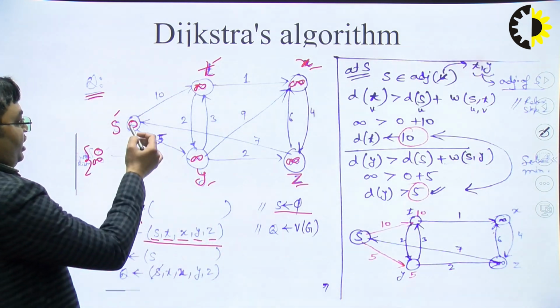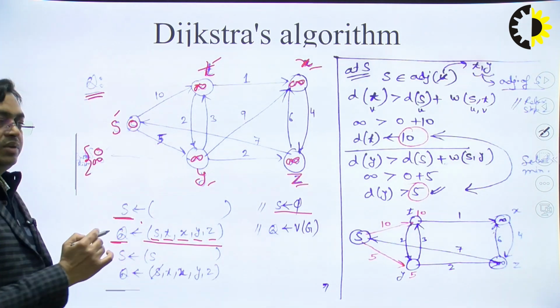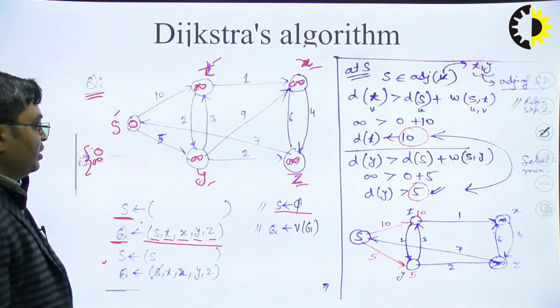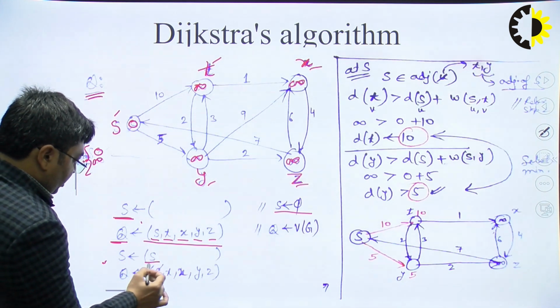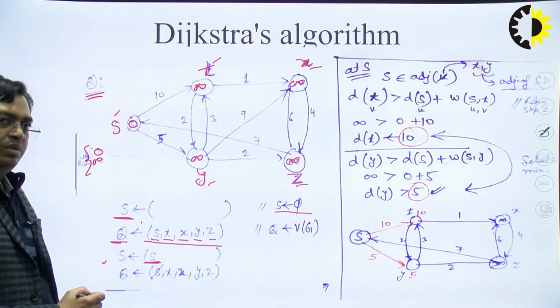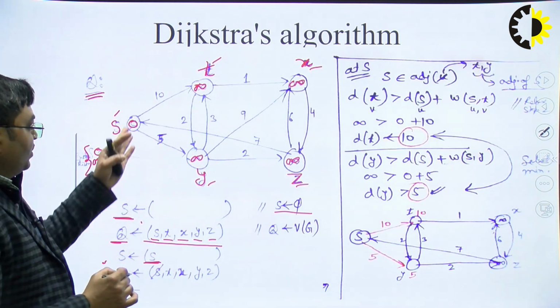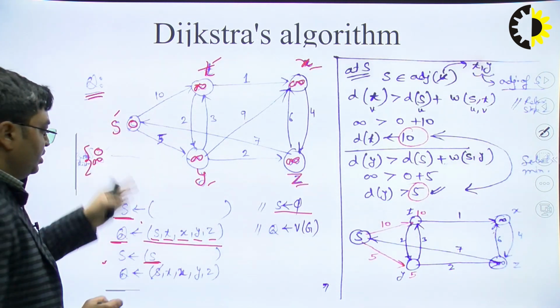Next, when we have initialized 0 to S, it means we have started taking the minimum distance for covering all the nodes. We have initialized S as 0, meaning we have covered the source node from the source node itself with distance value 0.